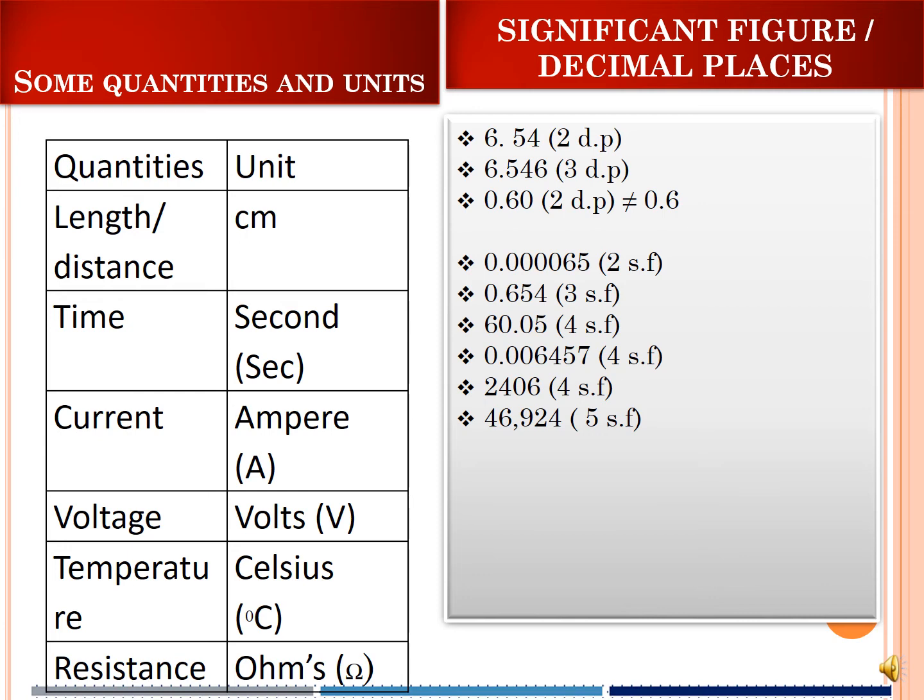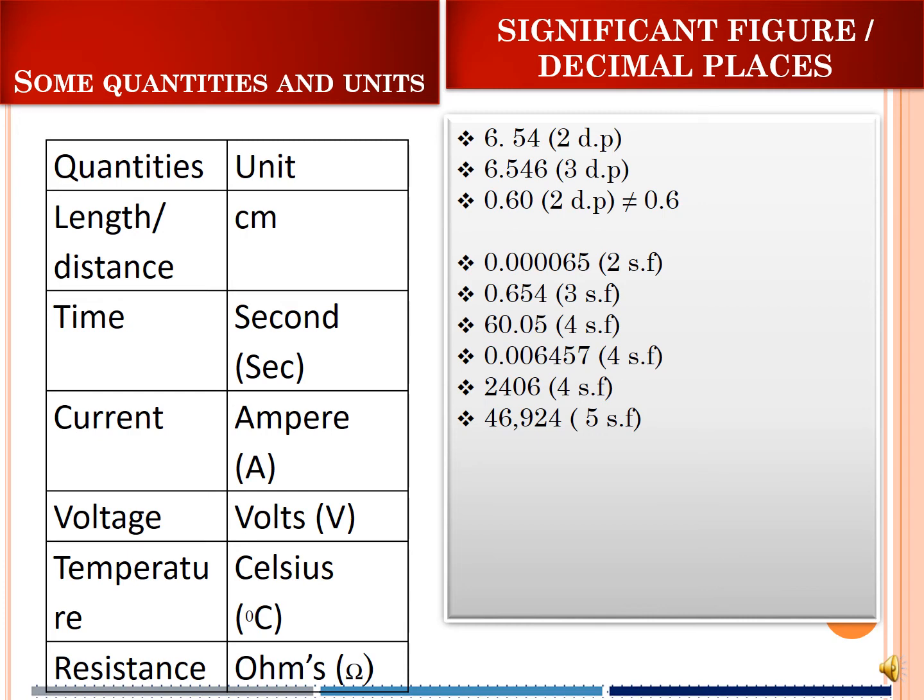For time, it is seconds. For current, it is ampere. For voltage, it is volts. For temperature, it is Celsius. For resistance, it is ohms.